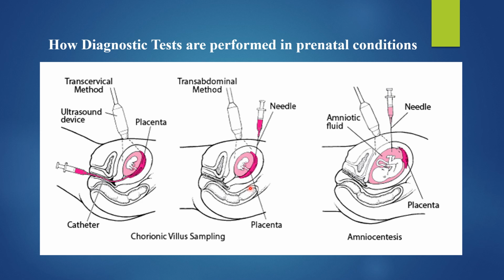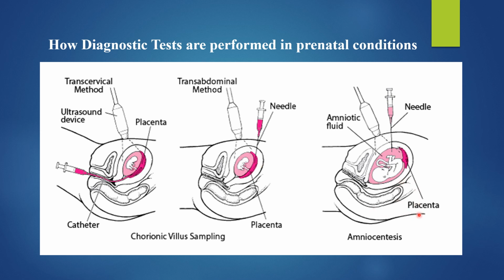Still, you can see your ultrasound machine guiding or your probe guiding the procedure. Then the chorionic fluid is being taken. So that is in the second instance. So for the chorionic villus sampling, you can either do transcervical or transvaginal and then transabdominal.